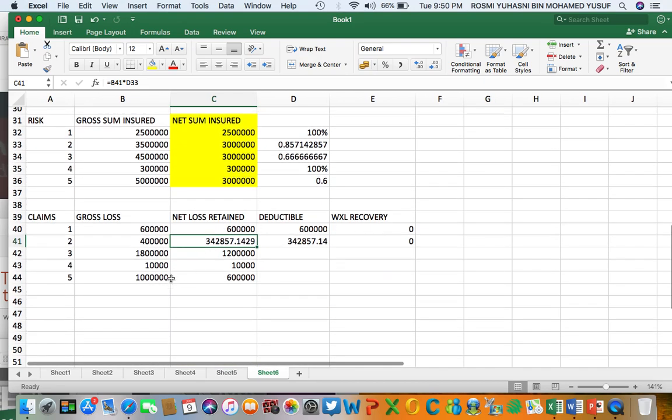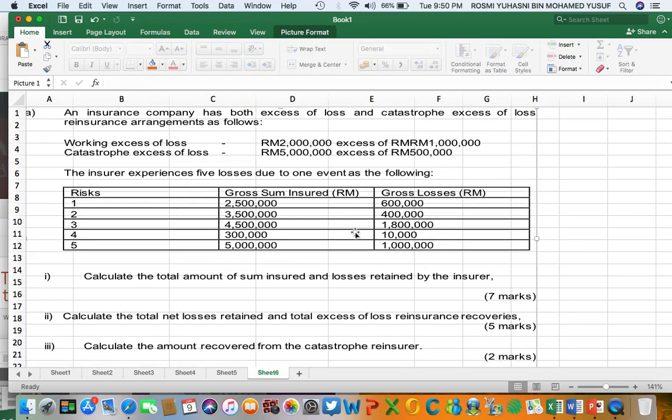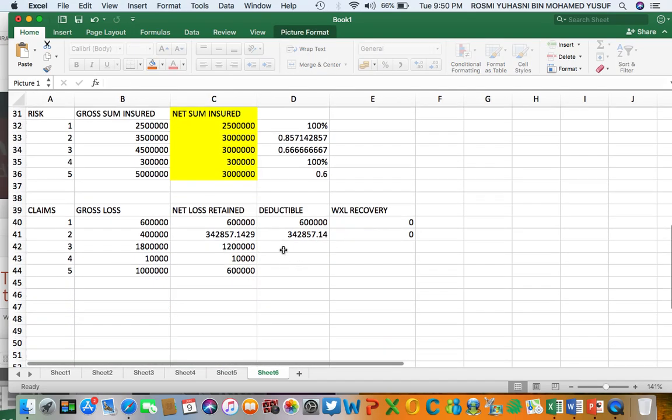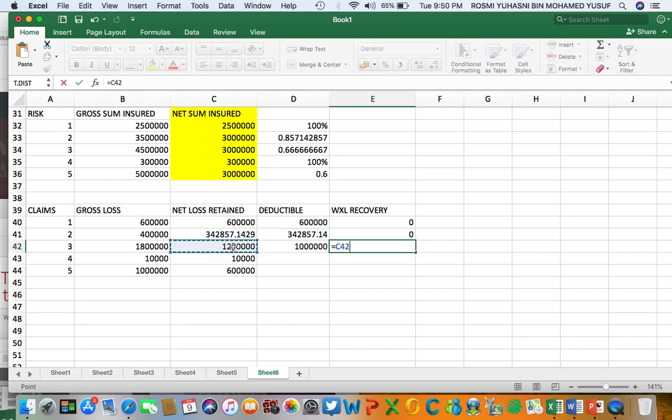Okay, let's see for claim number 3. Net loss retained 1.2 million. Knowing that the deductible is 1 million, recovery from the excess of loss reinsurer will be 1.2 million minus 1 million, that will be 200,000.